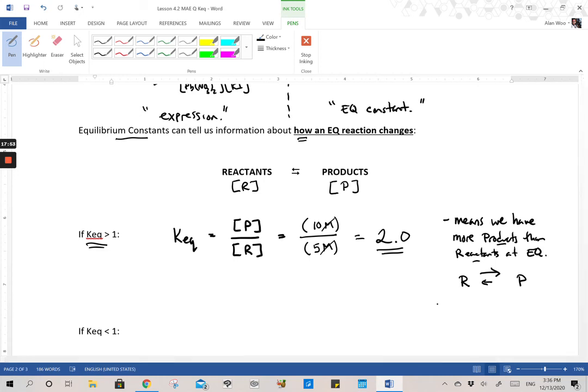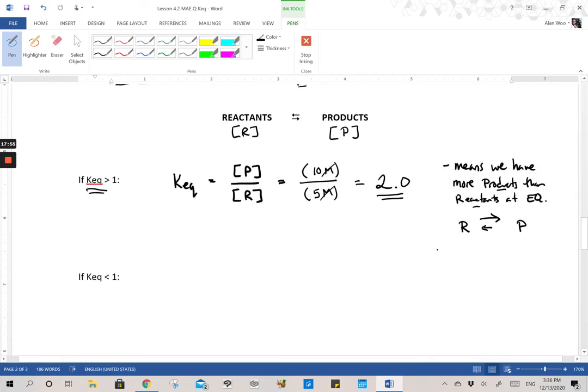So if we apply this same understanding, the same concept, in order for KEQ to be less than 1, the number at the bottom has to be bigger than the number at the top. So you had to have a smaller amount of products and much larger amount of reactants at equilibrium.